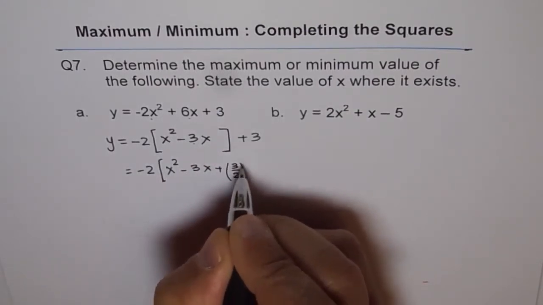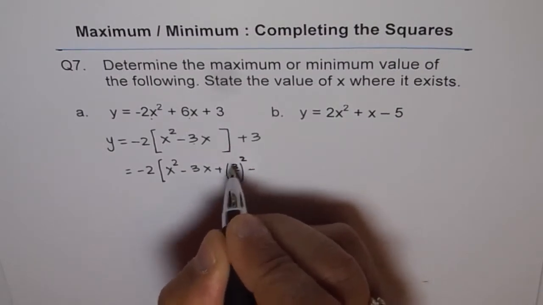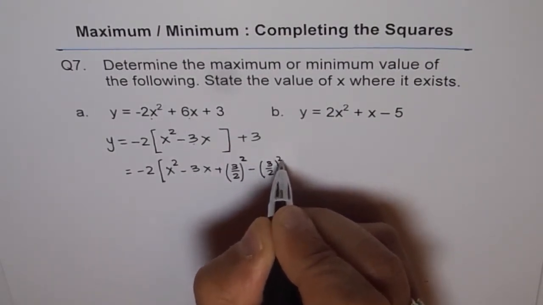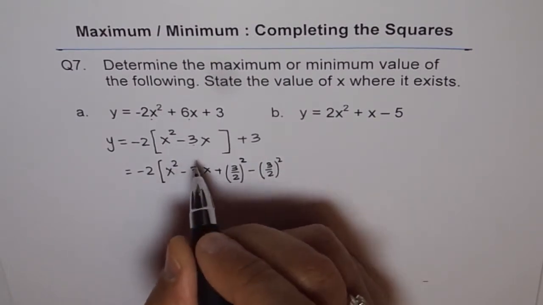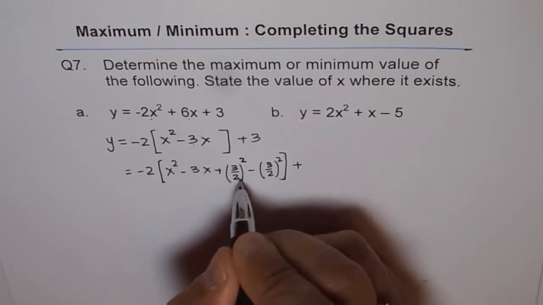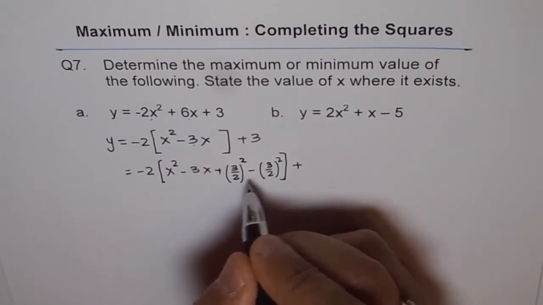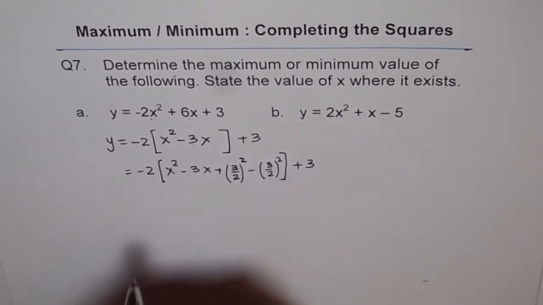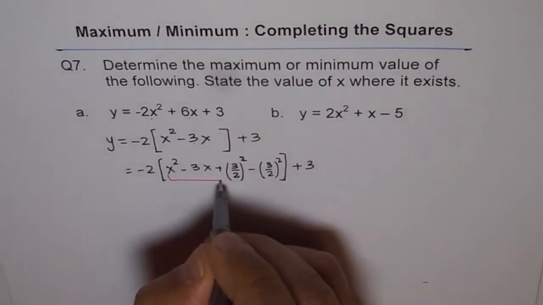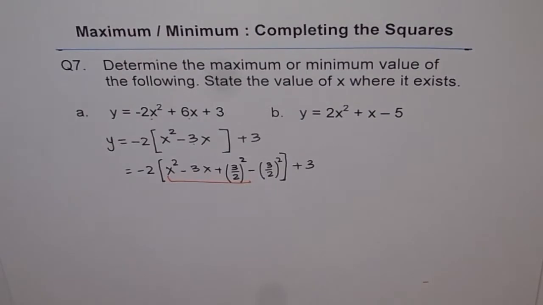So write 3 over 2 whole square, add its square and subtract the square. So that makes no difference to our equation, right? The equation remains the same. We added and subtracted the same number, right? So the idea was doing this to make it a perfect square. So this forms a perfect square.